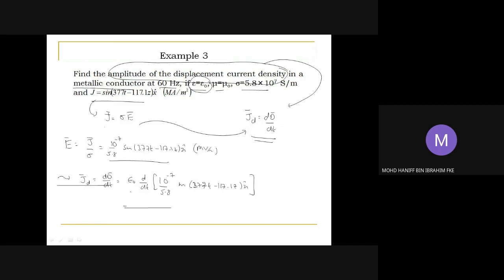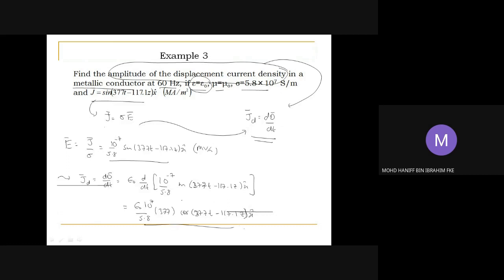Okay, so when we differentiate with regard to time, we're going to have epsilon naught, 10 to the power of 7 over 5.8, multiplied with 377. That should be cosine of 377t minus 117.1 Z, in the direction of x.